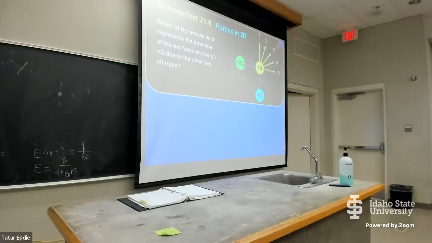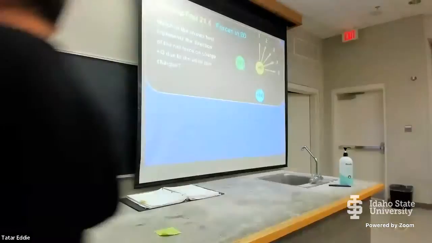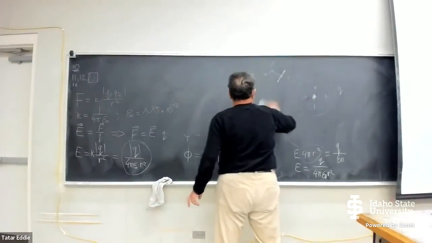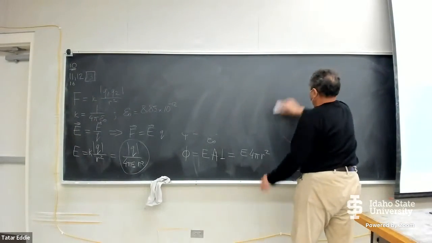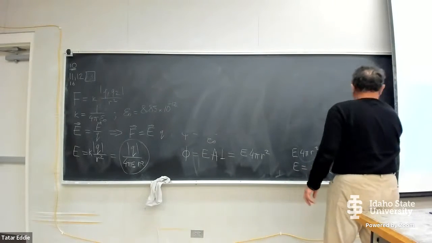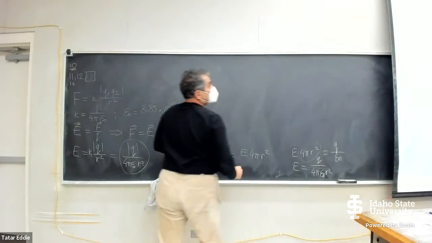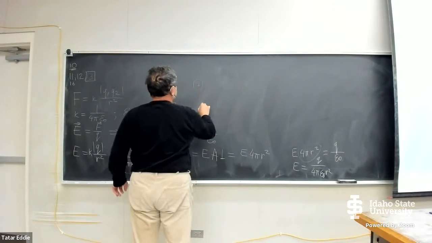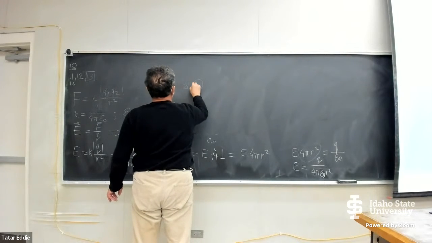Okay, so let's see. This question here about the forces is practically asking you to apply the so-called principle of superposition. Big words, but it has a very simple meaning. So you have a situation like this. You have a green charge here, positive, 2q.